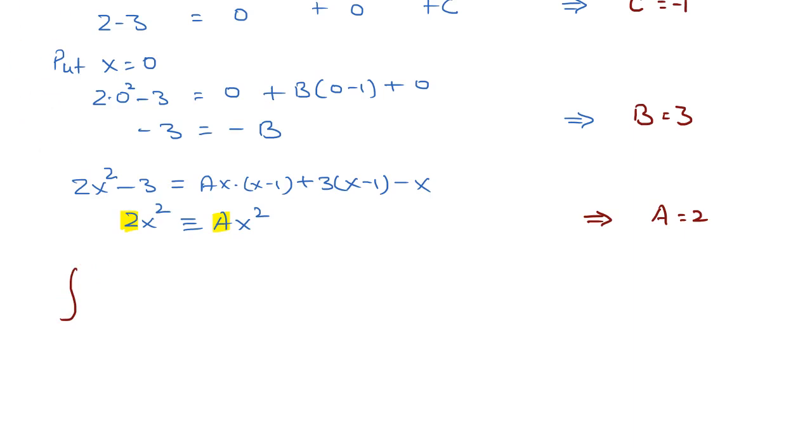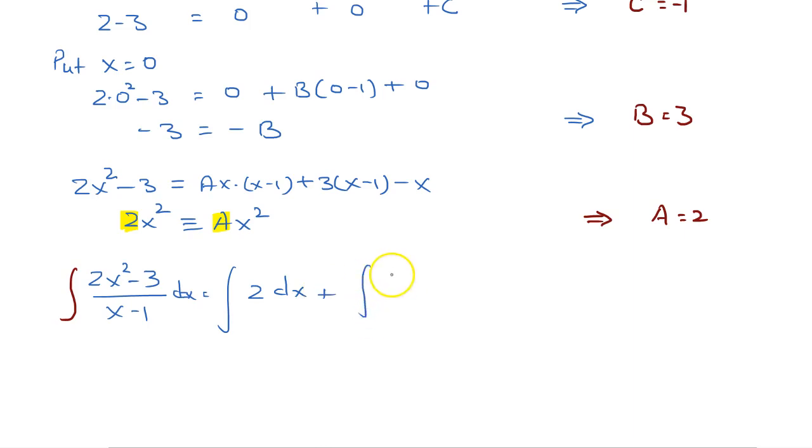So our partial fractions of the integral of 2x square minus 3 over x minus 1 will be the integral of 2 dx, plus the integral of 3 over x dx, minus the integral of 1 over x minus 1 dx.